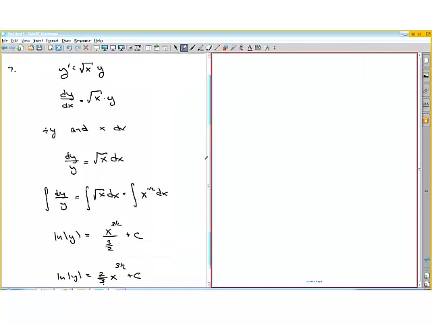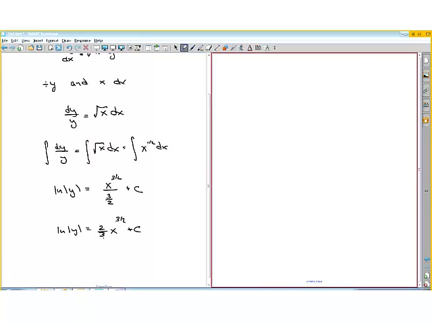Now, just like before, when we do this e to the x thing, e to the natural log of the absolute value of y is equal to e to the 2/3 x to the 3/2 plus c. So when this happens, it just becomes y. And here we can break the sum of the exponents into two terms.